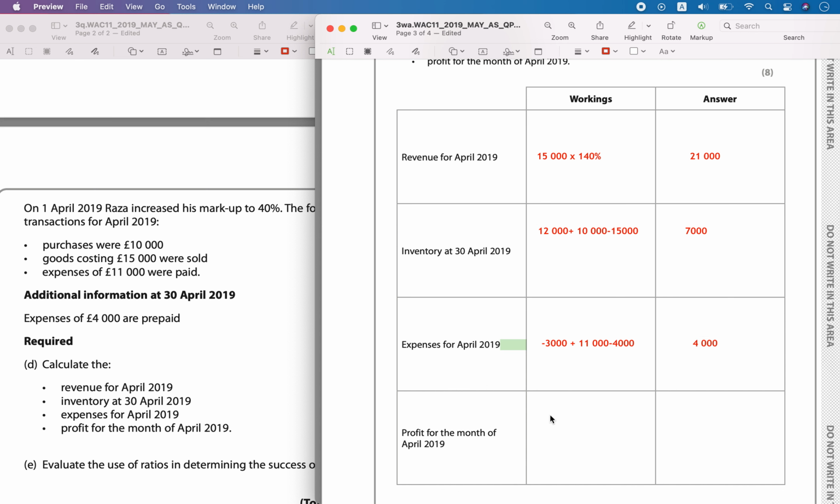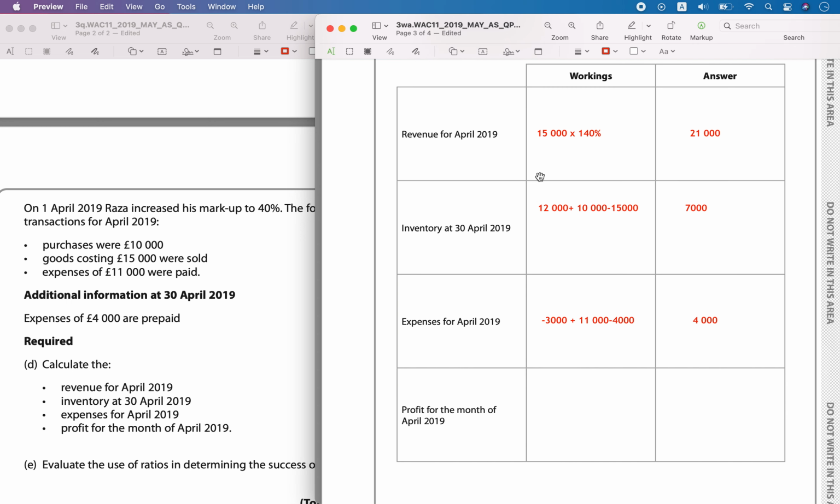Then the profit for the month of April 2019. We have to calculate revenue minus COGS, the cost of selling those goods.